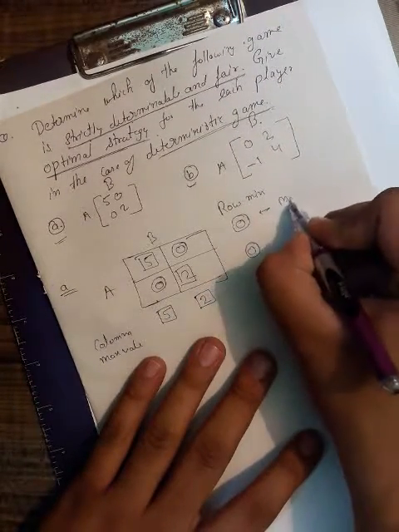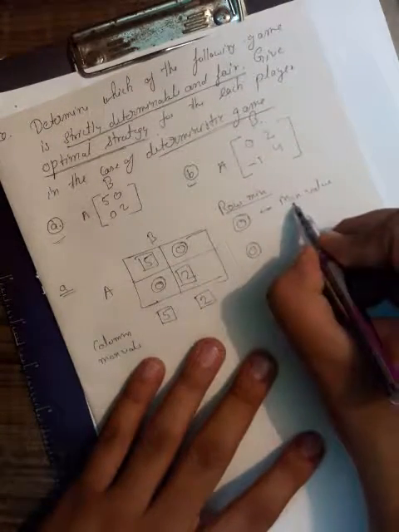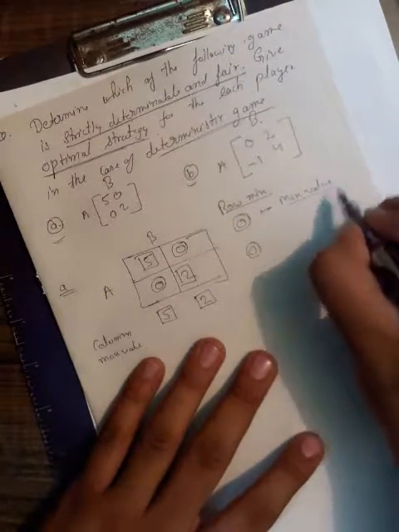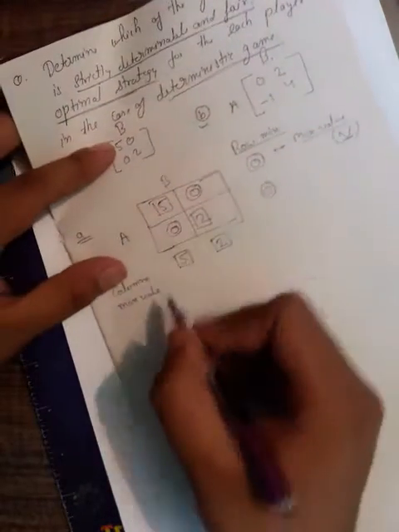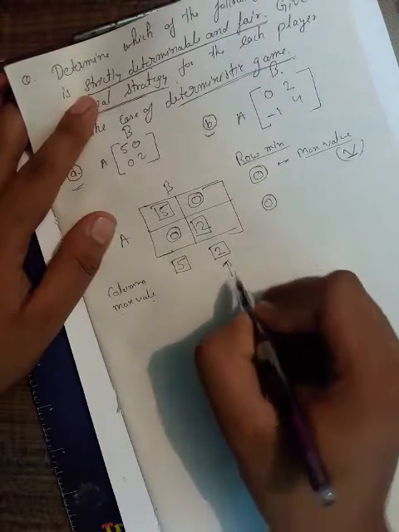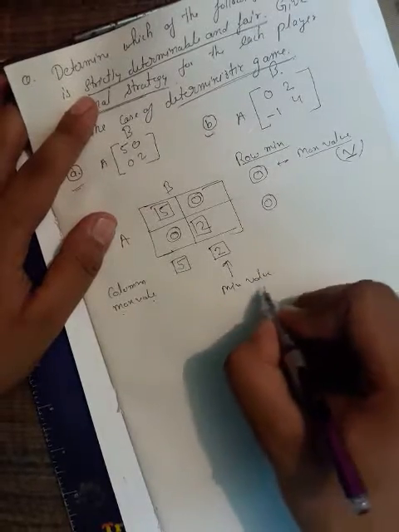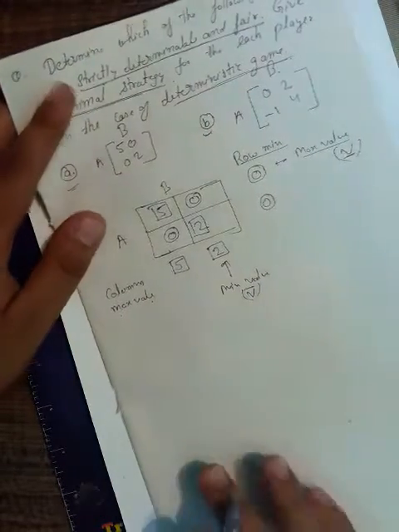So this is considered the max value. In the row minimum case, you have to find the maximum value, denoted by V underbar. In the column maximum side, you have to find the minimum value. This is my minimum value, denoted by V bar.